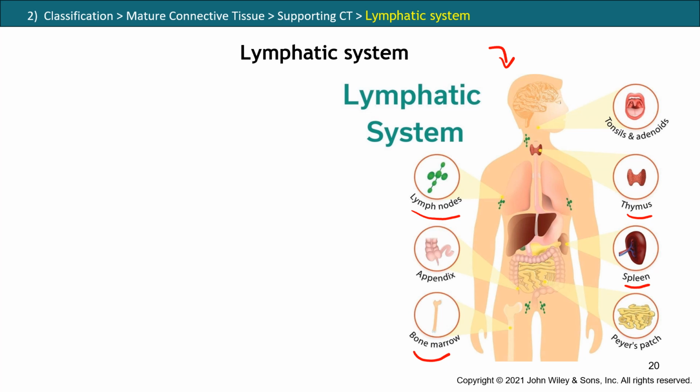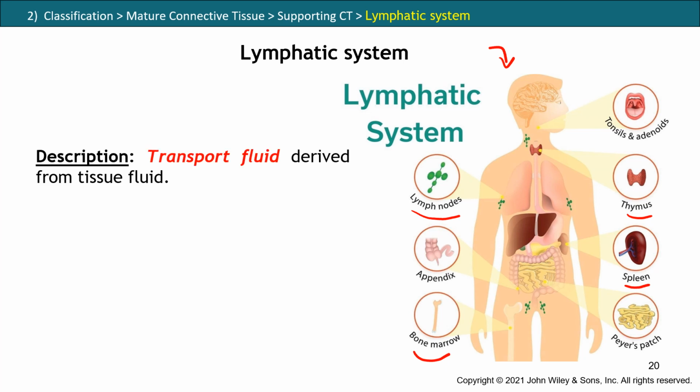So if you lose these 3 liters of fluids in your body, it will be really bad. And so the lymphatic system is transporting this fluid that it gets from the blood, with the idea that it's going to put it back later.